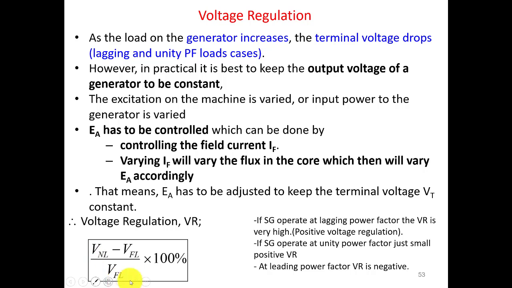Ideally we want to keep this voltage regulation at 0, but since the load is unpredictable, we can have either inductive load, capacitive load, or resistive load, and we never know how it is going to change. So accordingly, if the load varies, there are automatic voltage regulators which maintain IF such that the terminal voltage is maintained at a constant value.